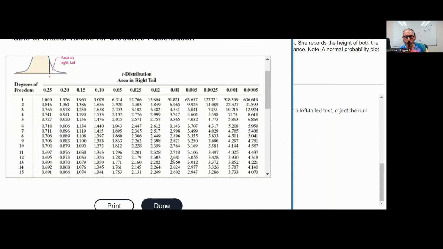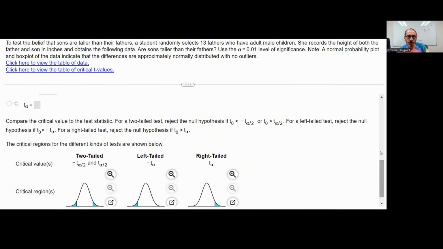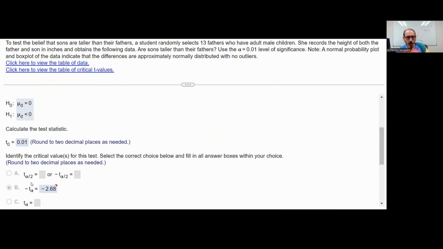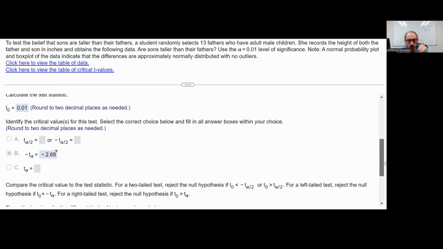That 2.681 would round to 2.68 when they go to 2 places, but because asking if sons are taller than their fathers is equivalent to asking are fathers shorter than their sons, we had this as our alternative hypothesis. If we have something less than 0, then we'd have something negative. That's our critical value.